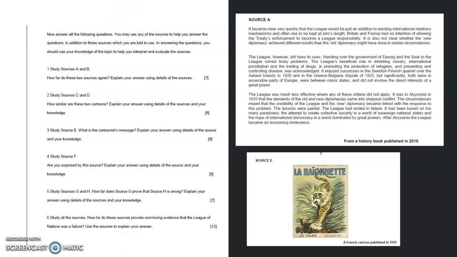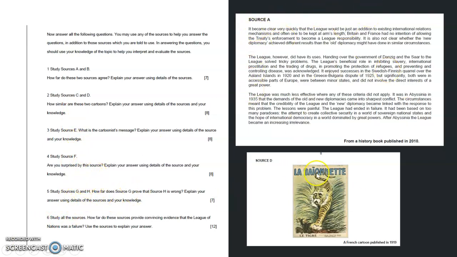For paper 2, the questions will display some sources. Roughly they will provide 6 or 7 sources. For this one they have provided A, B, C, D, E, F, G, 7 sources.